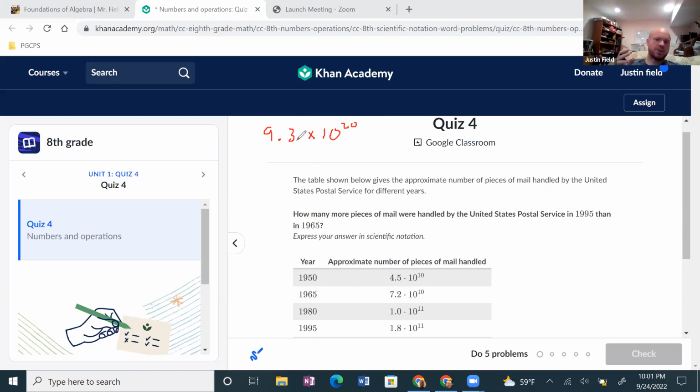We'd want to write that because 9.3 times 10 to the 20th in standard form would be 9, 3, and then 19 zeros. So we don't want to write that and then have to do arithmetic and then write it again and all of that.